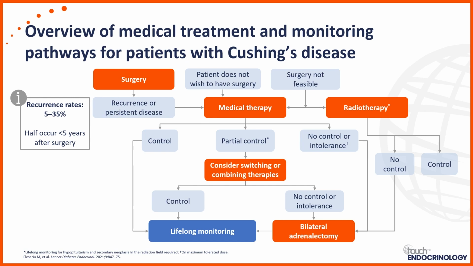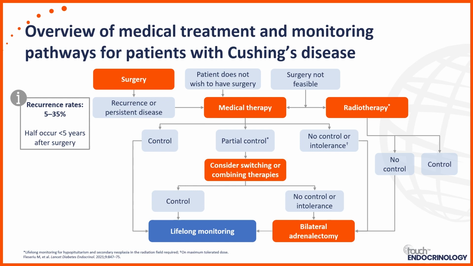That is the goal of surgery. In general, however, when we're counseling patients, we discuss with them that this is going to be management of a chronic disease process. Surgery is not going to be necessarily for all patients the only treatment that they get.